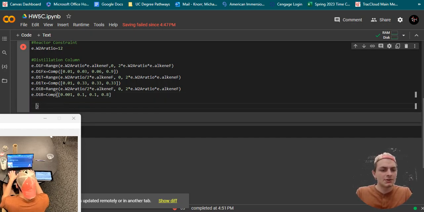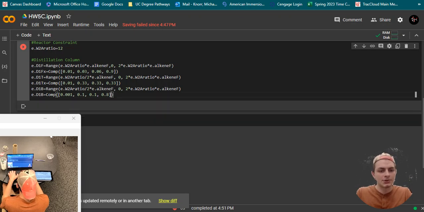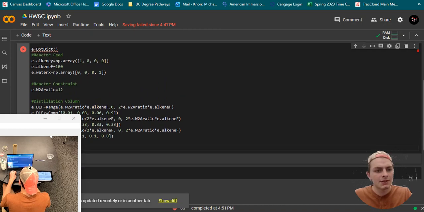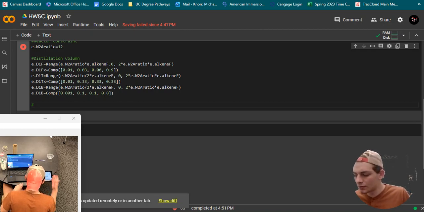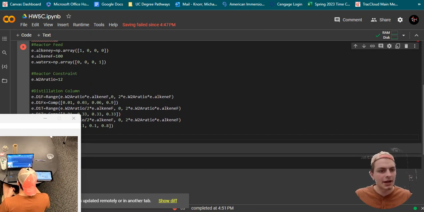And so that gives us all of our variables associated with the distillation column, and I believe that is almost all of the unknowns associated with the entire system here. However, the other two unknowns that we have are going to be the molar flow rates as well as the extents of the reaction.